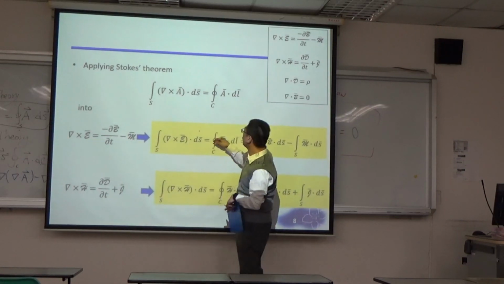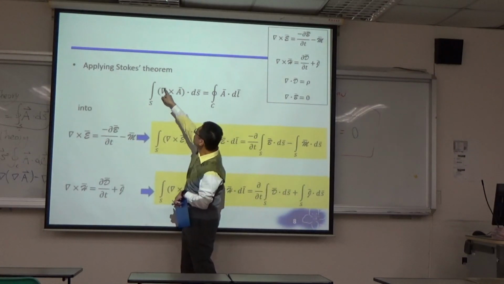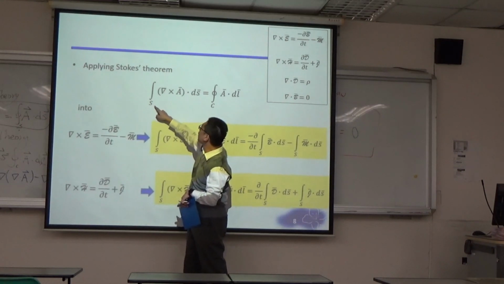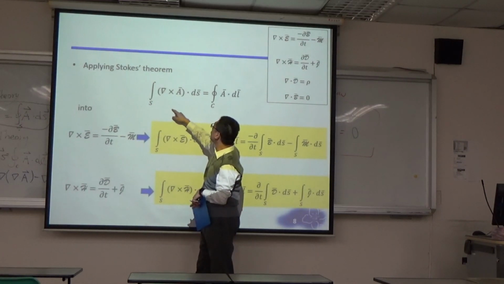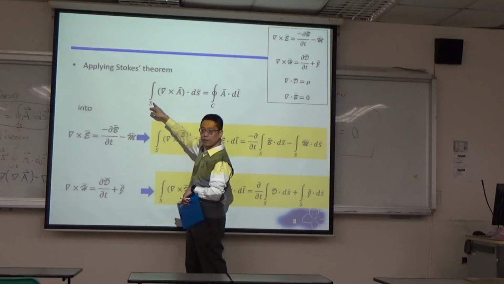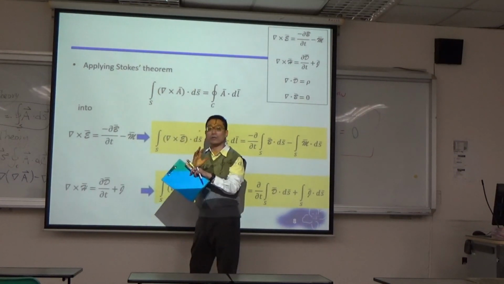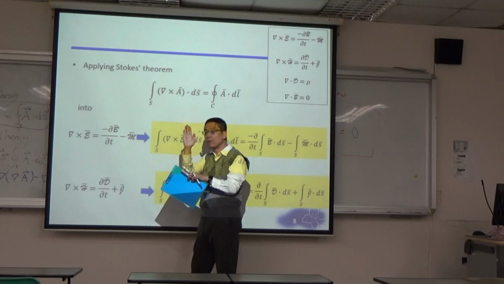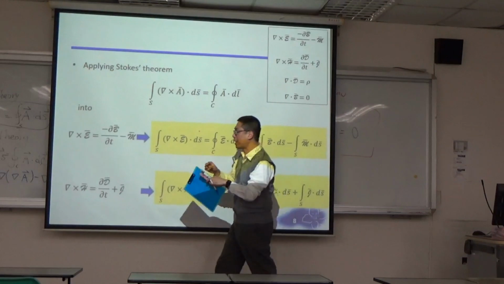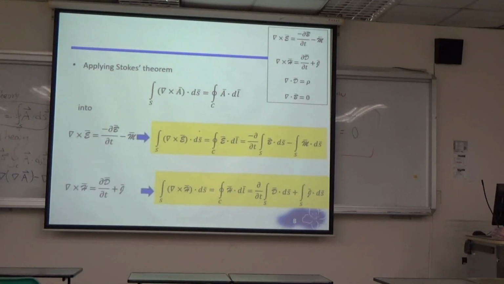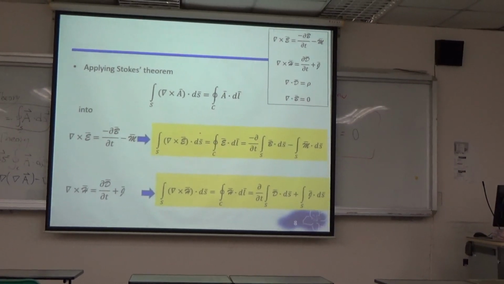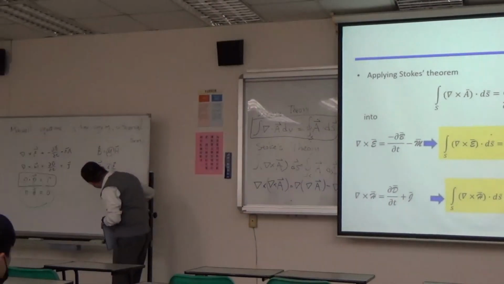It's okay. You take this, this is also a surface integration, but it is not a closed surface. It's only one surface. If you take a surface integration of the area, the result will become a closed line integral.